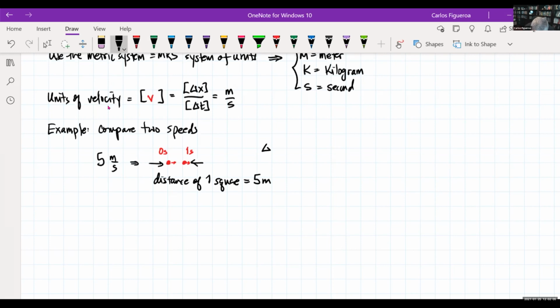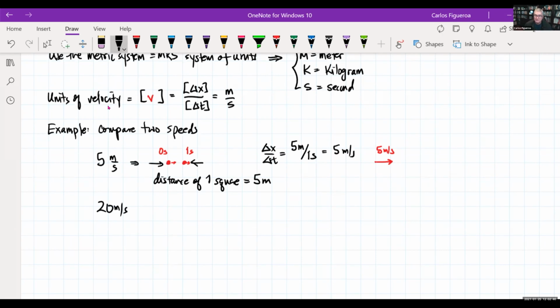My delta x over delta t tells me that I traveled 5 meters in 1 second, or 5 meters per second. So when I look at my dots here, I started my time in here and ended it here. This length right here represents 5 meters per second. But what if I have an object that's traveling 20 meters per second?